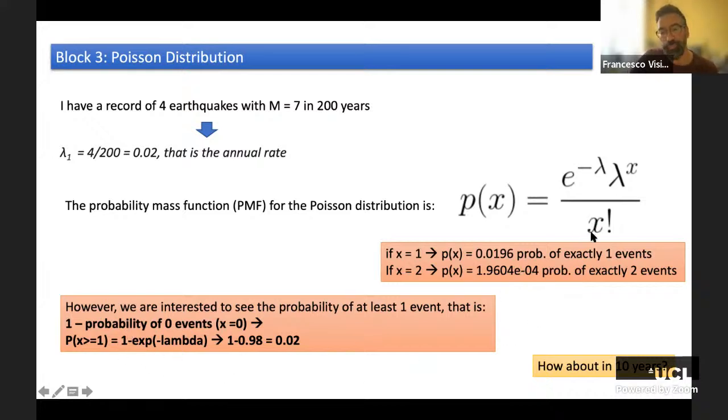If we put 0 at the x, we get this formula here, and so we can calculate the probability of at least 1 event given the annual rate. But what about, for example, in 10 years?